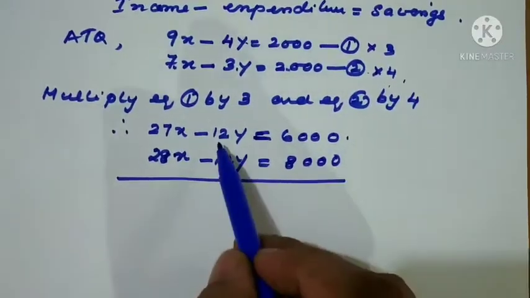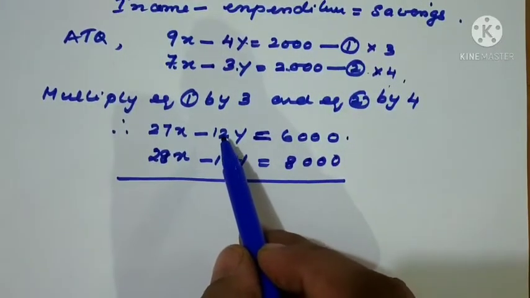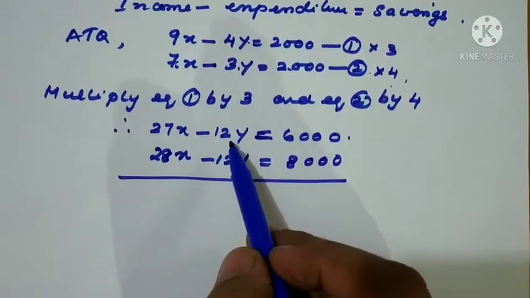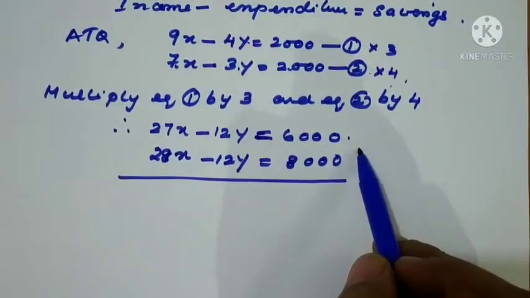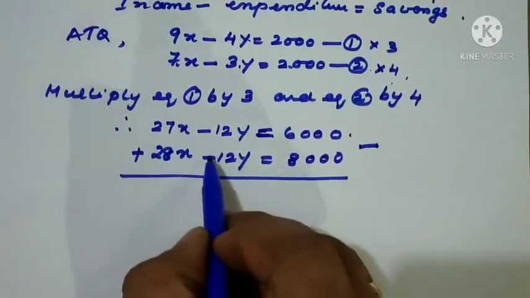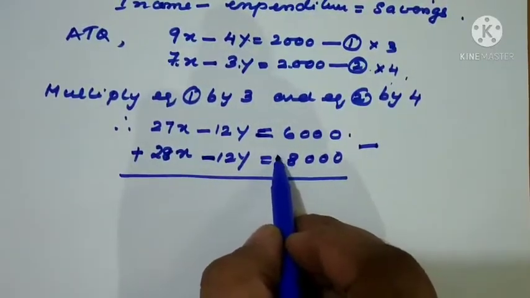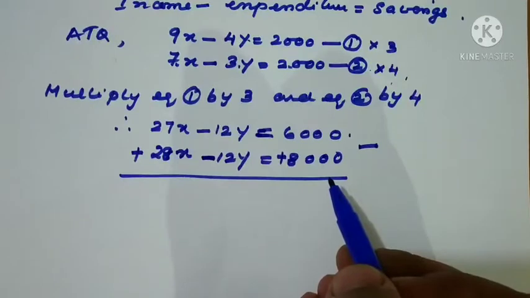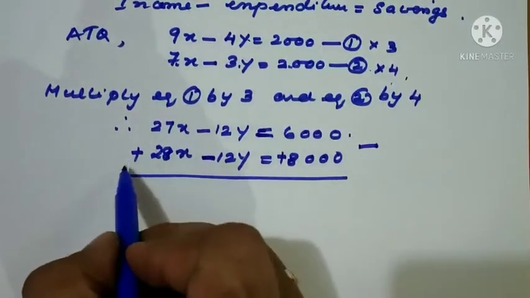Now see, we got the same sign. The coefficients are equal, but with the same sign, so we have to go for subtraction. Change of sign.